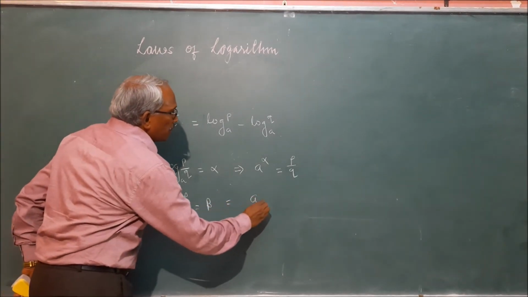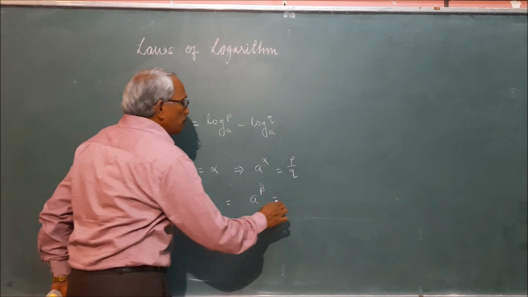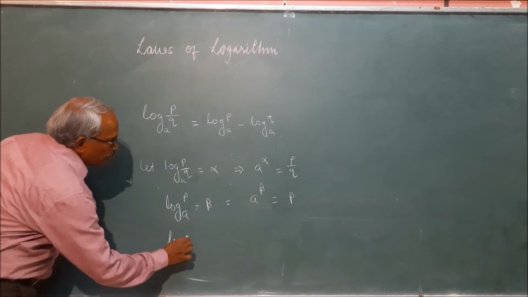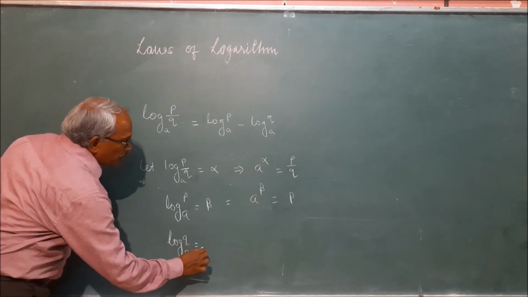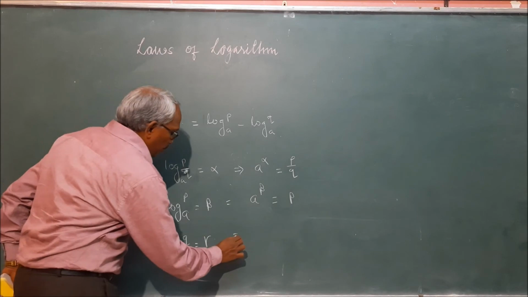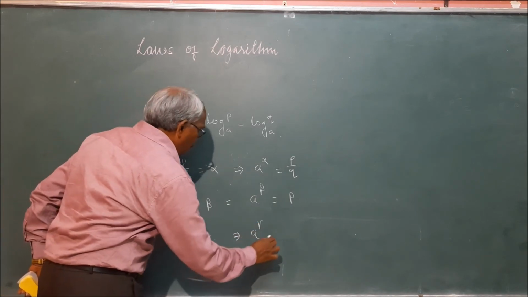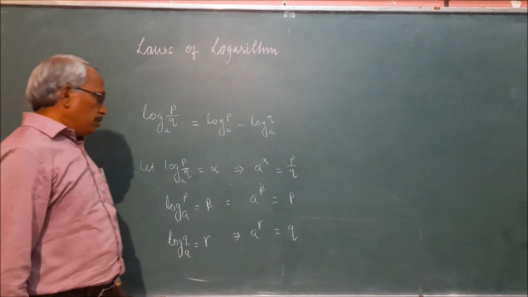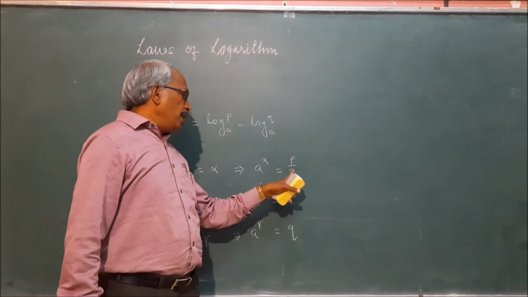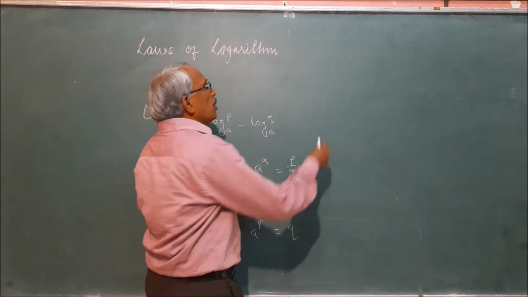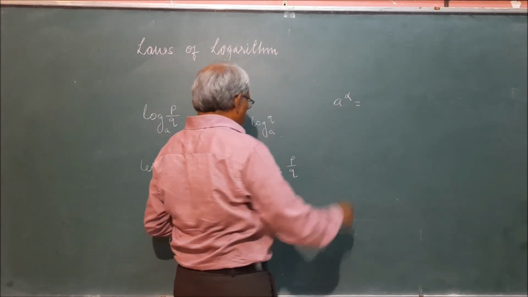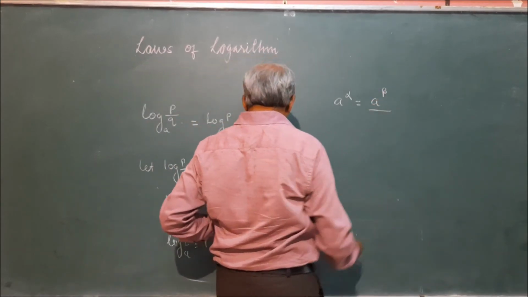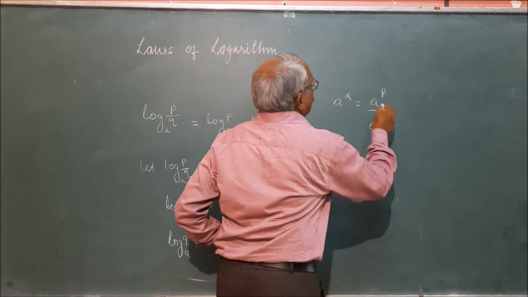So this implies A raised to beta is equal to P, and log of Q to the base A is equal to gamma. So this implies A raised to gamma is equal to Q. So put values of P and Q here. So A raised to alpha is equal to, what is P here? A raised to beta upon A raised to gamma.